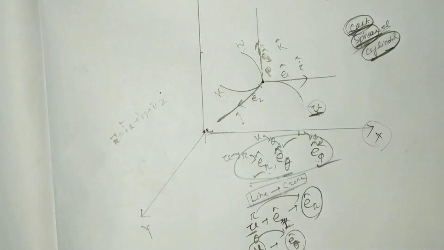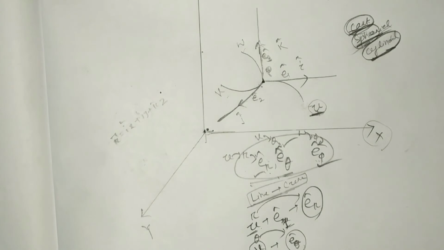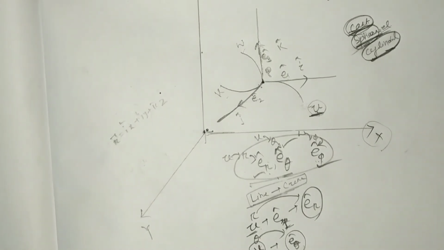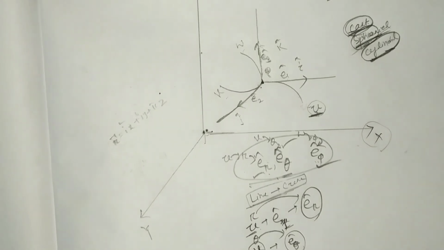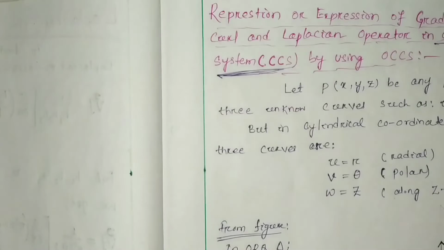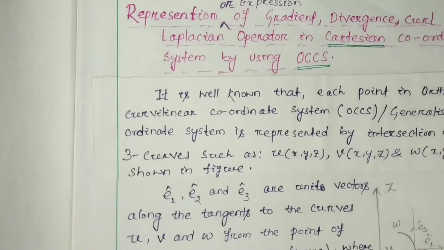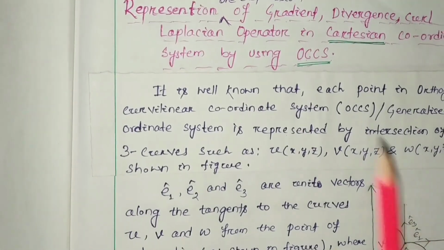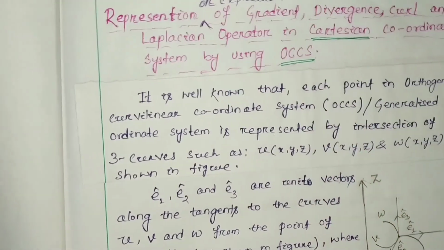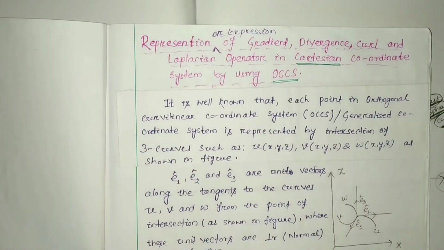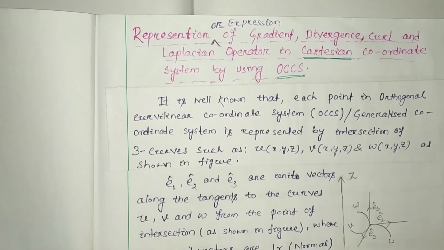So in short, we have discussed Cartesian, spherical and cylindrical coordinate systems, and how each is directly related with OCCS, the orthogonal curvilinear coordinate system. In our next class we are going to discuss representation of gradient, divergence, curl and Laplacian in Cartesian coordinate system by using OCCS.